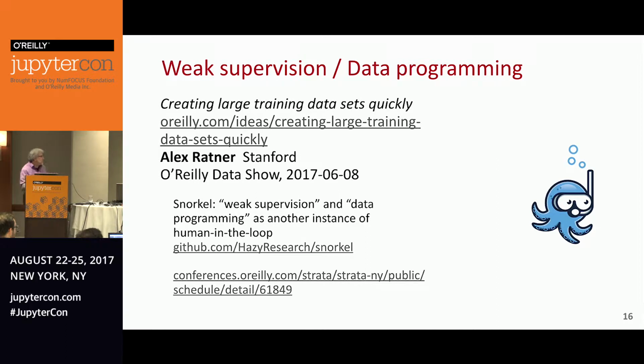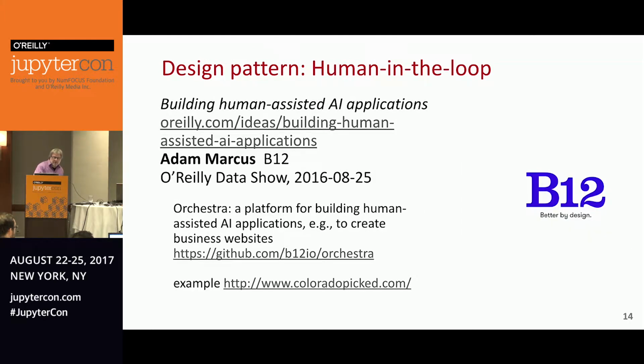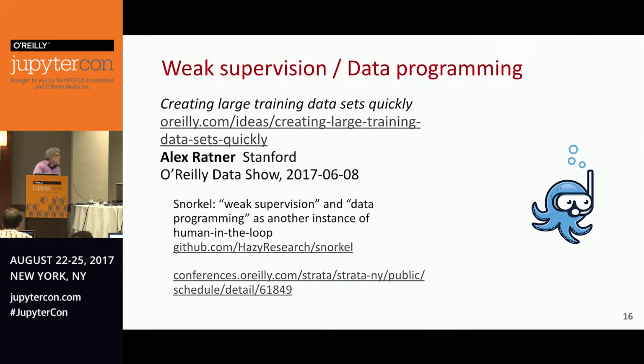One other thing I'll show also falls under the category of human in the loop. Whereas I've been talking about active learning as a design pattern called human in the loop, there's something out of Stanford; Alex Ratner is one of the grad students working on the project. It was originally called DeepDive, and a subsequent version is called Snorkel.